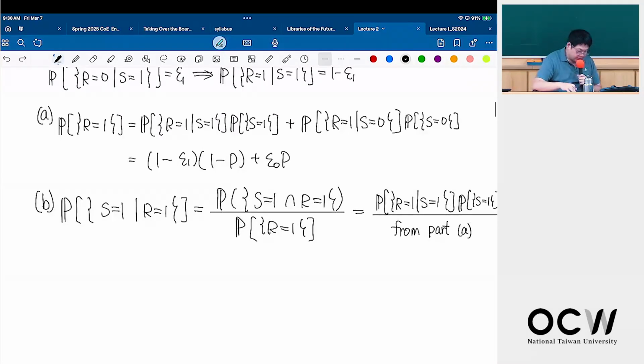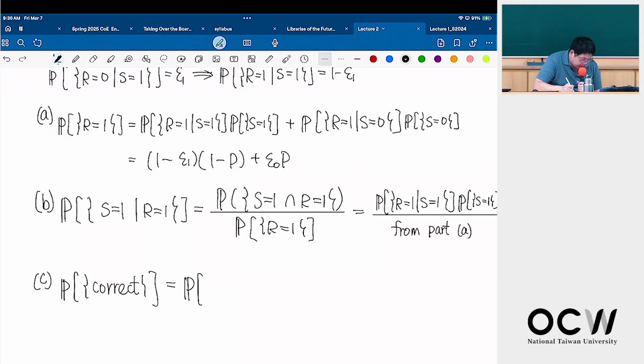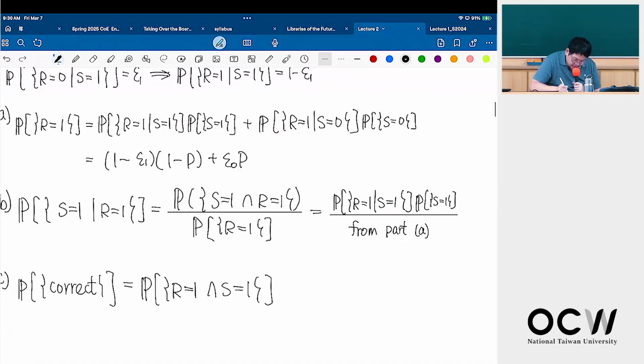So the probability that is correctly received will be I send 1 and I receive 1, so I receive 1 intersect I send 1. Also, I sent 0 and I received 0.